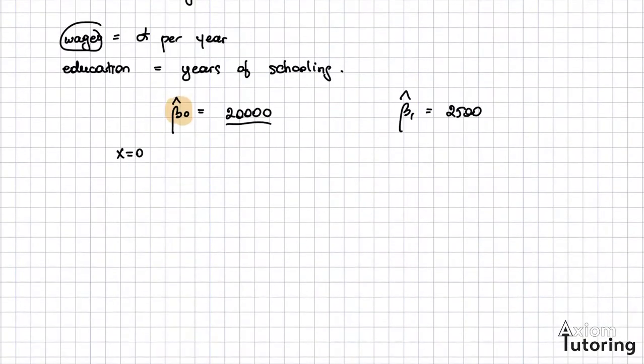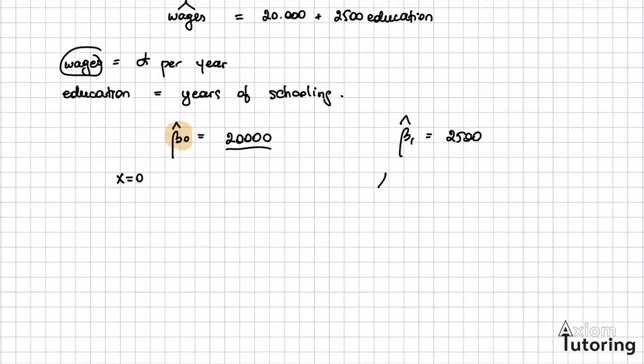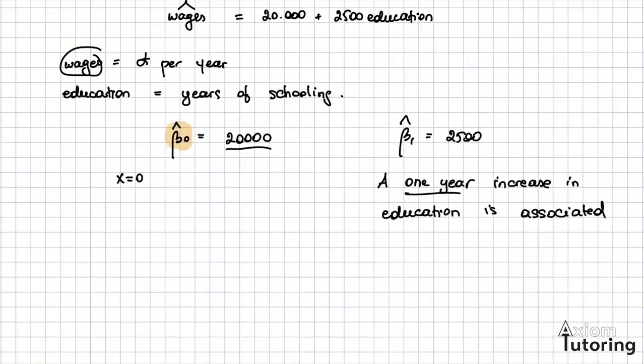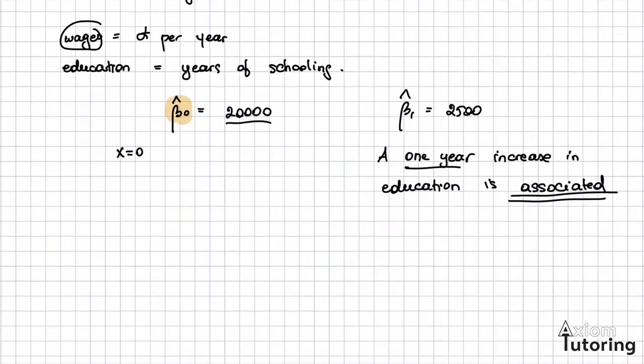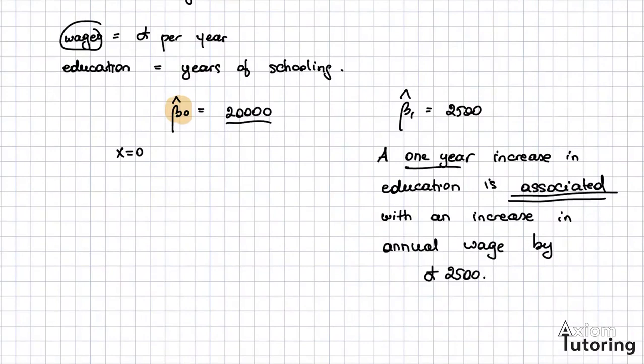The interpretation that we're going to make here is that a 1 year increase in education is associated, and I'm going to underline associated here, with an increase in annual wage by 2,500 pounds.